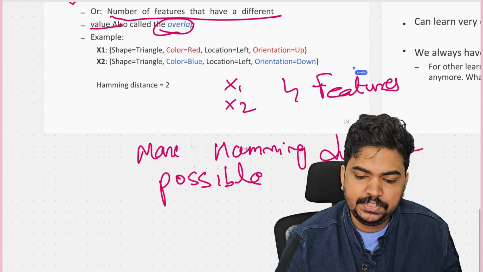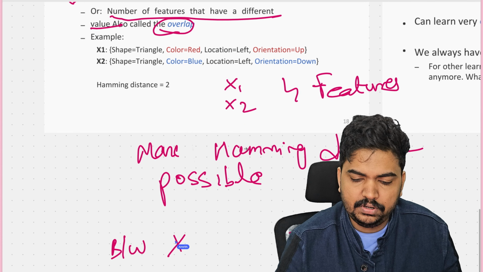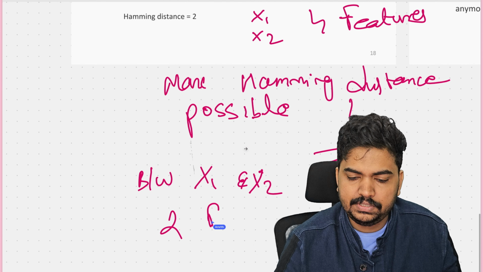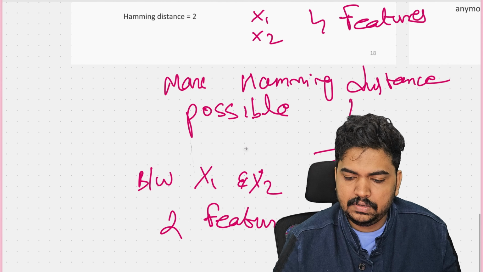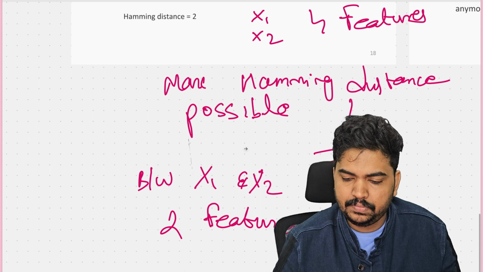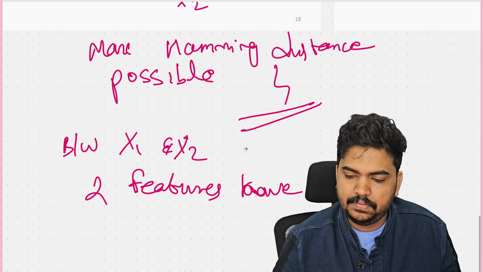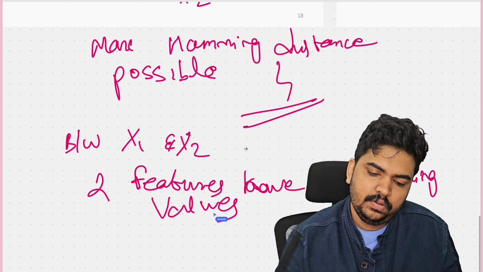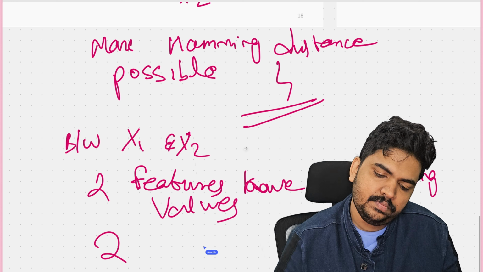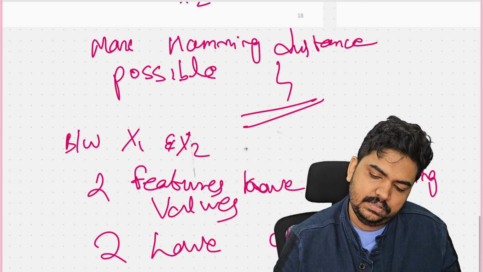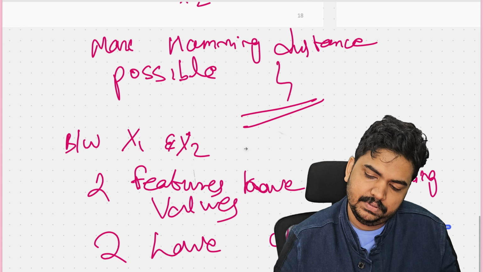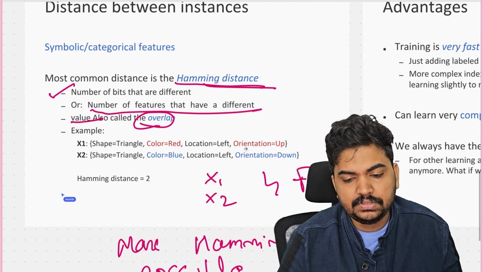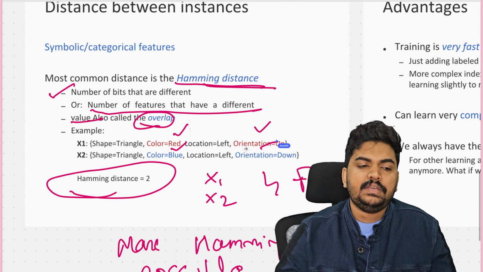It so happens that between x1 and x2, 2 features have matching values, 2 have different values. It's simple as that, right? Pretty simple. So we can say the Hamming distance here is 2 because there are 2 features where the values are different.